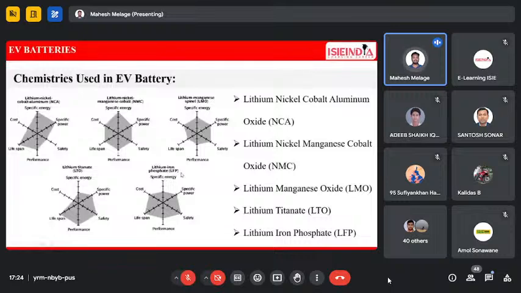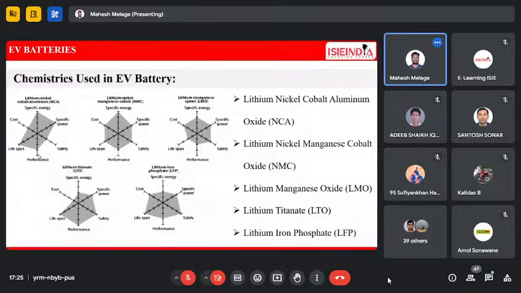You can see a comparison of all these five lithium chemistries. In lithium nickel cobalt, the cost is low but specific energy is high, specific power is high, safety is comparatively low, performance is moderate, and lifespan is high. Comparing all five as per our requirement, we can select the battery.